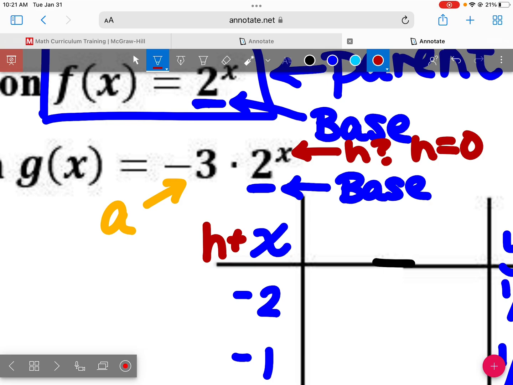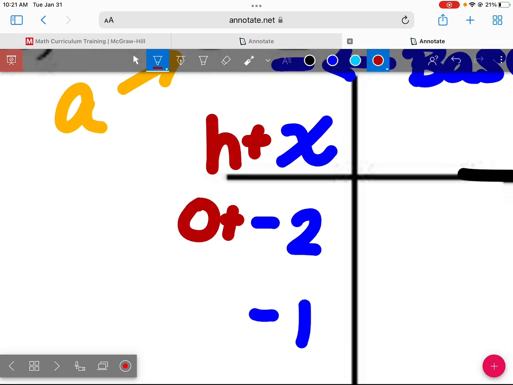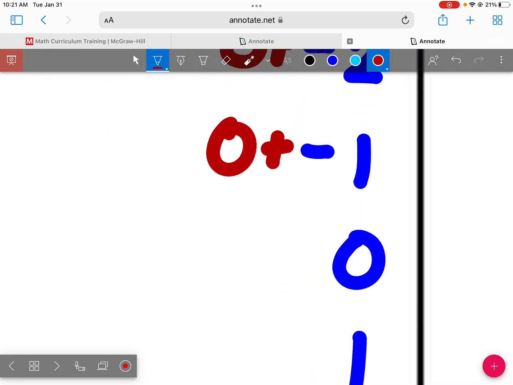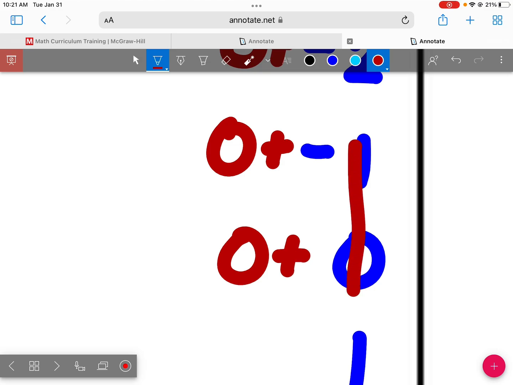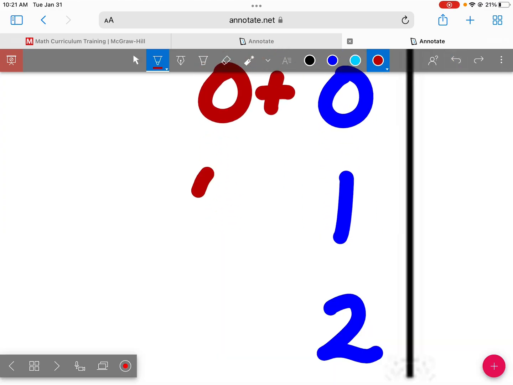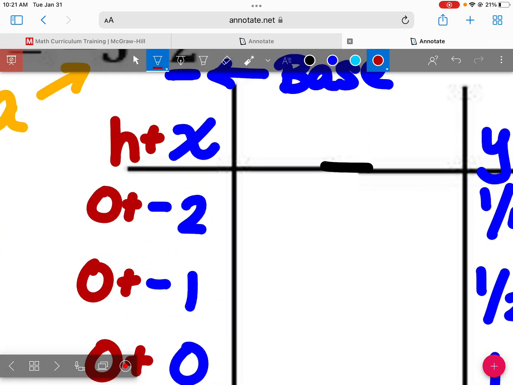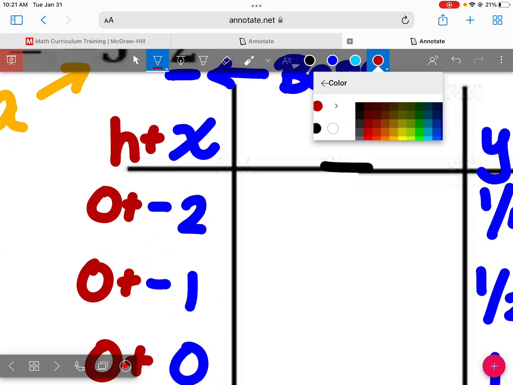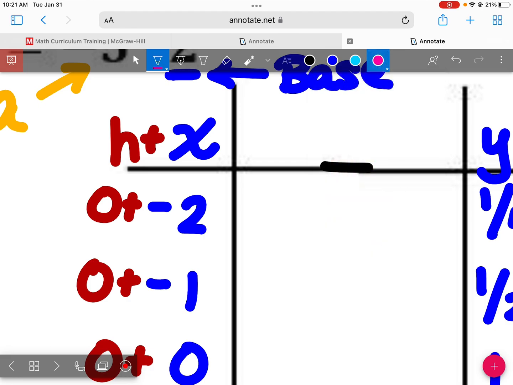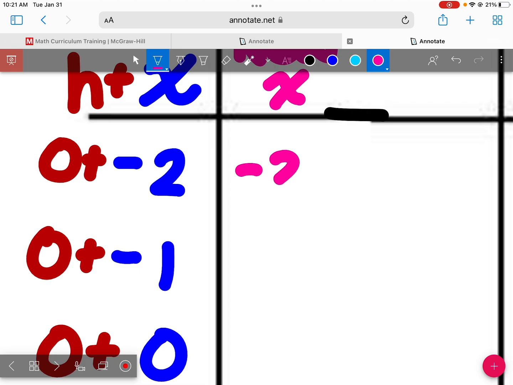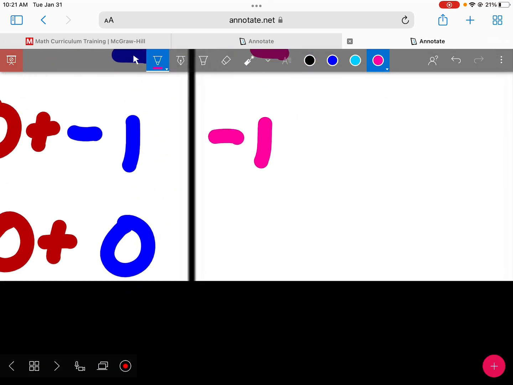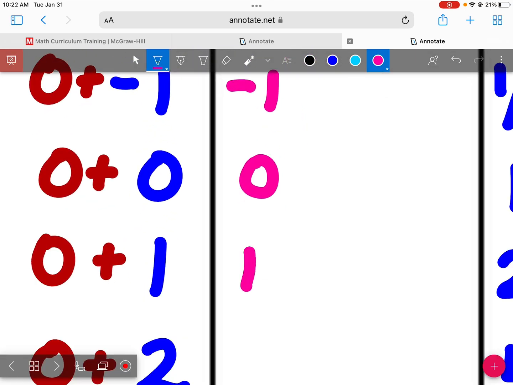If I add H to all my x's, I'm adding 0 to all of these, which means none of them are going to move. So I could write down my new x's, same as my old x's: -2, -1, 0, 1, and 2.